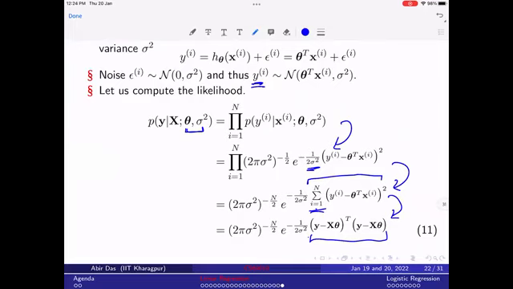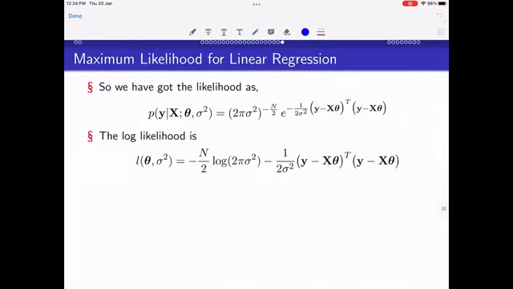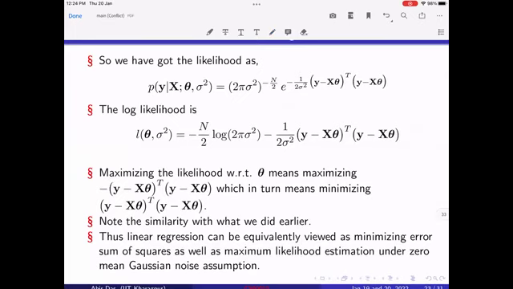So what does the recipe say? That you need to take the log of it, right? So you have got the likelihood. Now you take the log of it. The log makes, at least for this case, things very easy. So the e to the power thing goes away and so on, right? You are taking just the log from the first line to the second line. Now you will do the maximization.